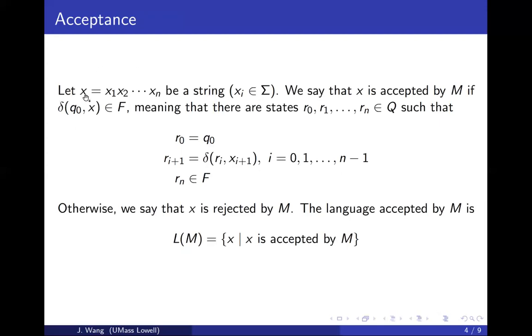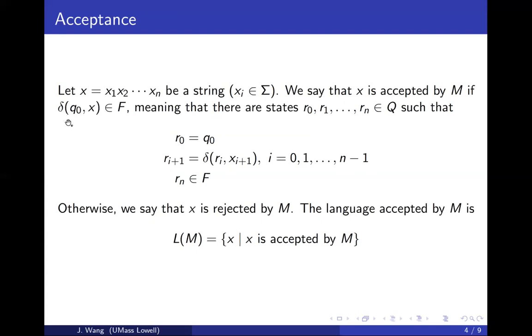Let X be an input string, which is a string x1 to xn, where each xi is a symbol in the alphabet. We say that X is accepted by M if the transition on this input starts from Q0, that's the initial state, your input is X, and the transitions determine your moves.